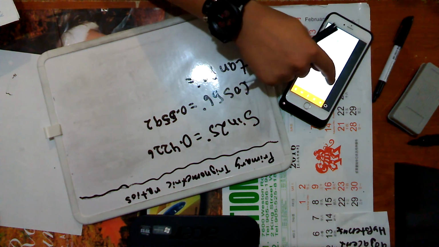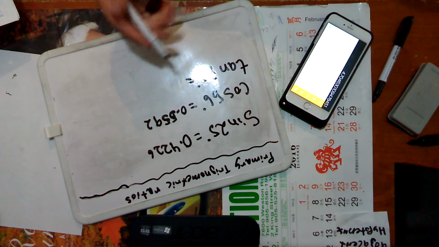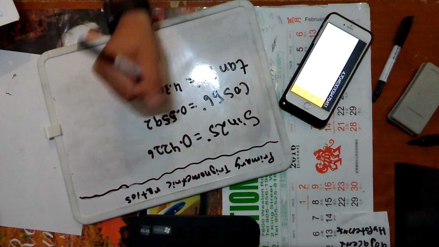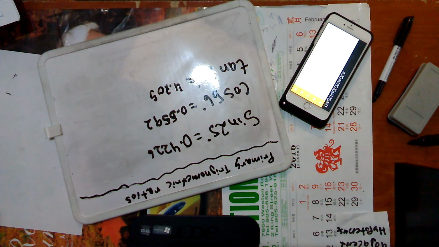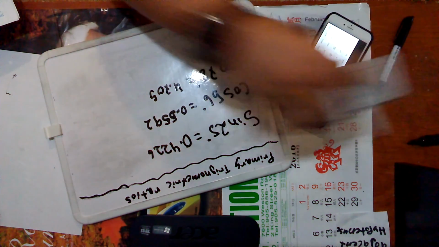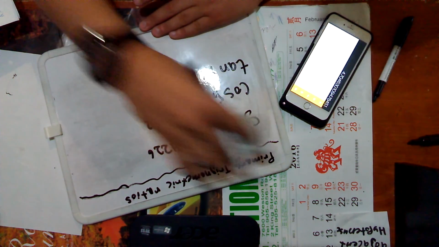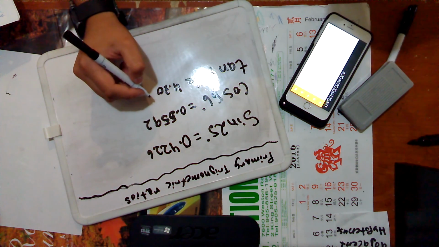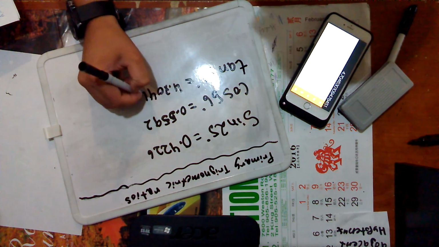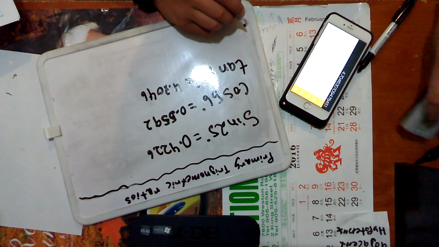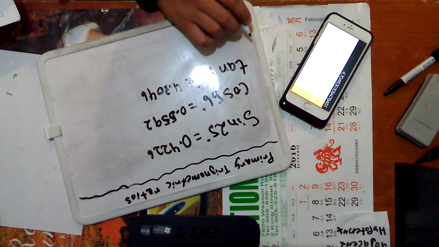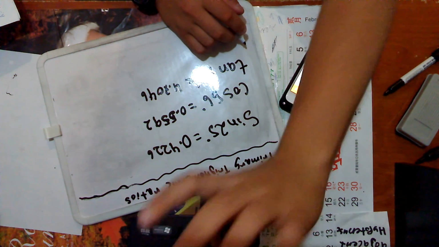Tangent should give us 4.70... oh wait, that's not right. 4.07046. Sorry about that. It's supposed to be four decimal places. Always, when using the degree, it's four decimal places.